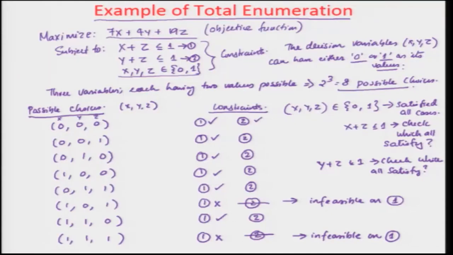Y plus z, so 0 plus 1 is 1, 1 less than or equal to 1 satisfies. 1 plus 0 less than or equal to 1 satisfies. 0 plus 0 less than or equal to 1 satisfies, right. And then 1 plus 1, this is 2 less than or equal to 1, does not satisfy, right. Then in this case 1 plus 0 less than or equal to 1 satisfies. So, we get this particular case also infeasible on 2.